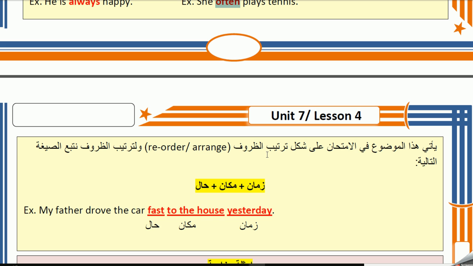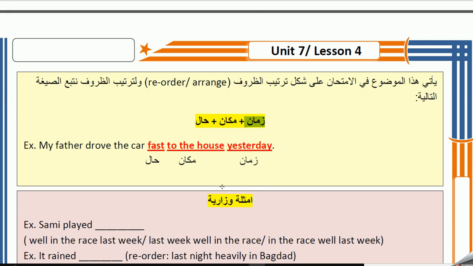The order, or arrangement, of a range of adverbs. Number one, adverb of manner, adverb of place, adverb of time. For example, my father drove the car fast. This is adverb of manner.